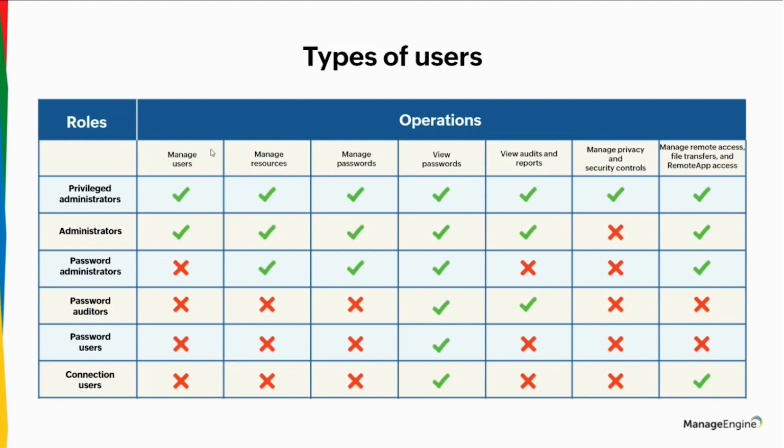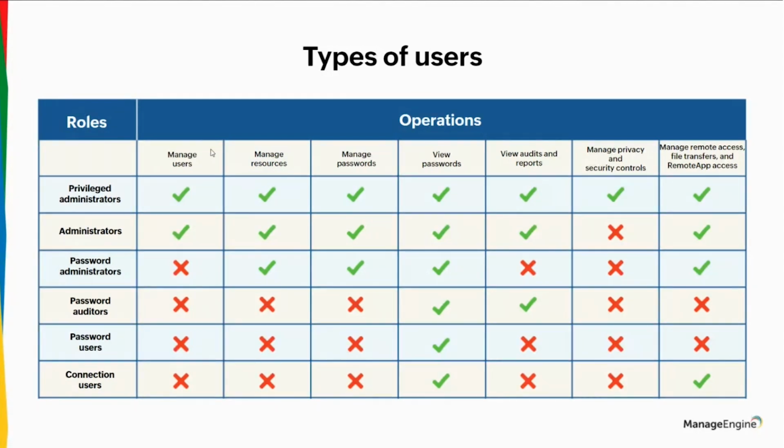And connection user is going to be a slightly higher role than the password user here, where he'll be able to view the resources which have been shared with him, and he can take connections to those resources. Other than that, he'll be able to launch a remote app to a device, and he'll be able to transfer files between the servers.